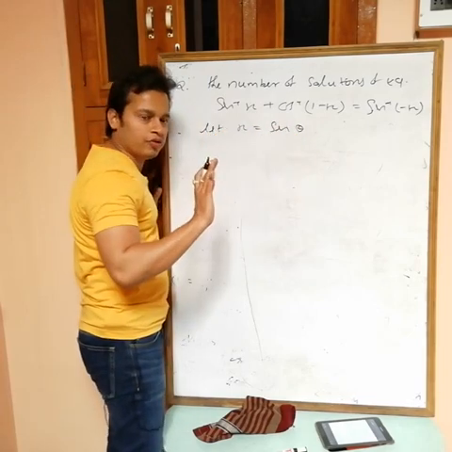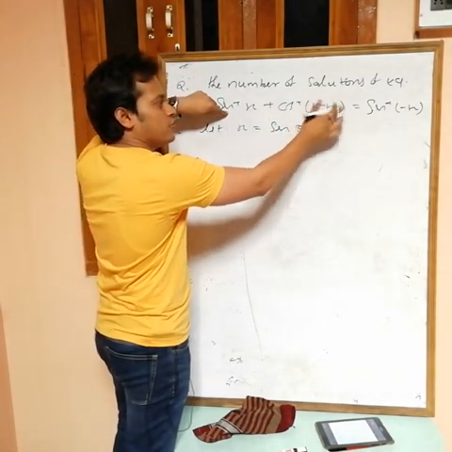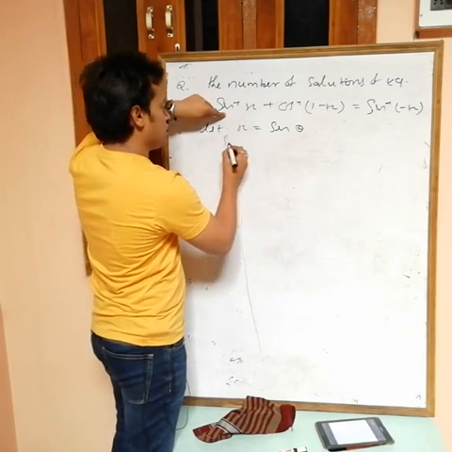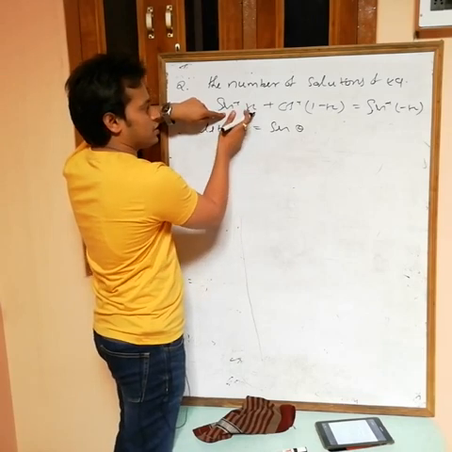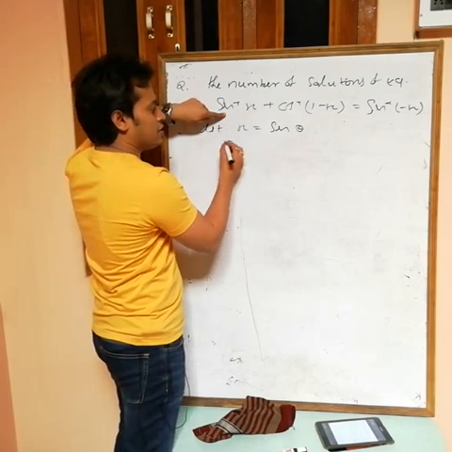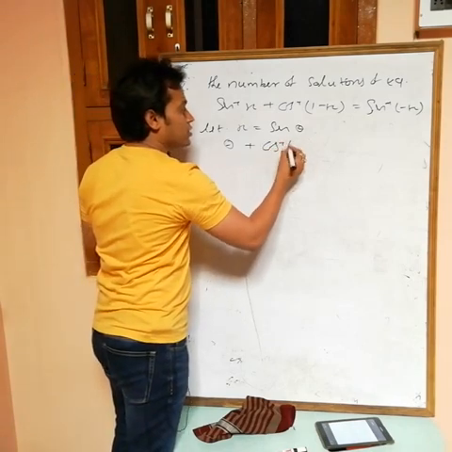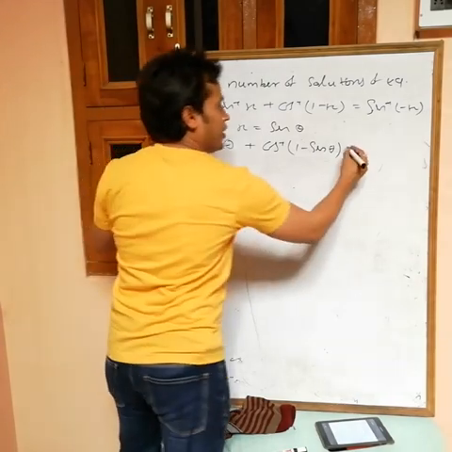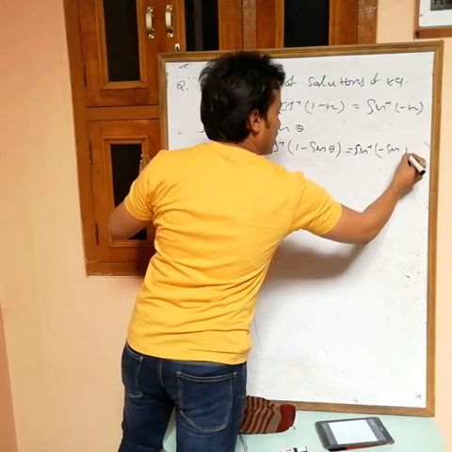Now put the value. sin inverse sin theta is theta. Cos inverse (1 minus sin theta), and sin inverse of minus sin theta.